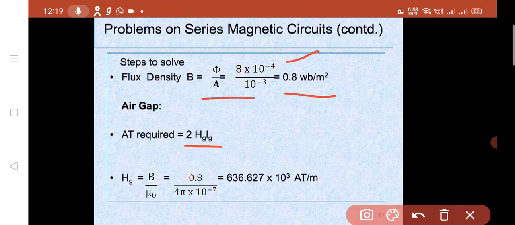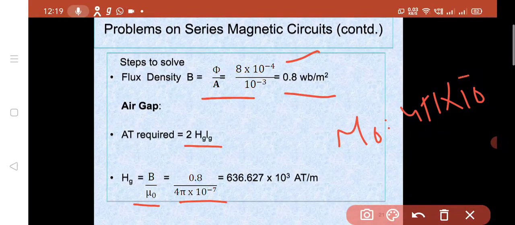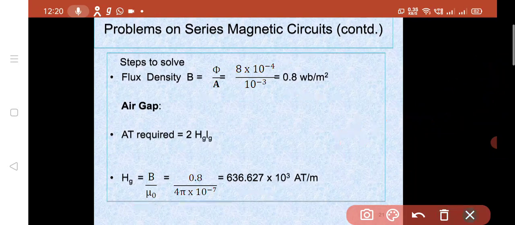HG is equal to B by mu naught, so 0.8 by 4 pi into 10 to the power of minus 7. Mu naught value is 4 pi into 10 to the power of minus 7. So HG value is 636.627 into 10 to the power of 3 ampere turns per meter.